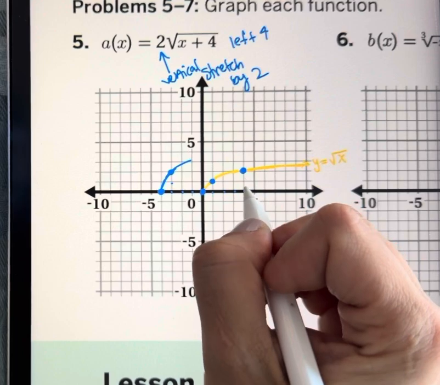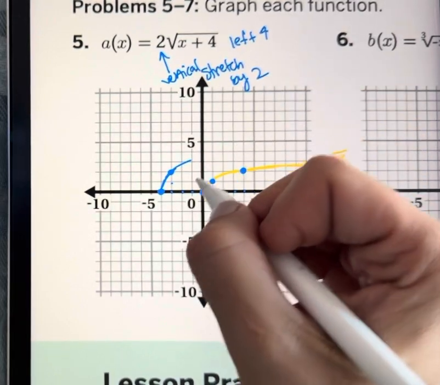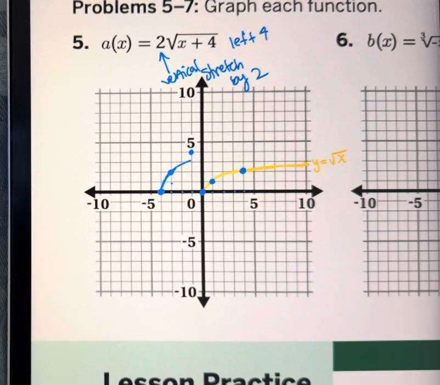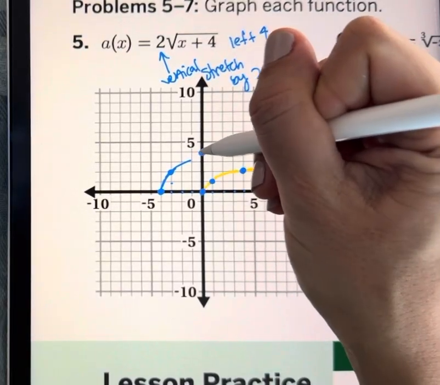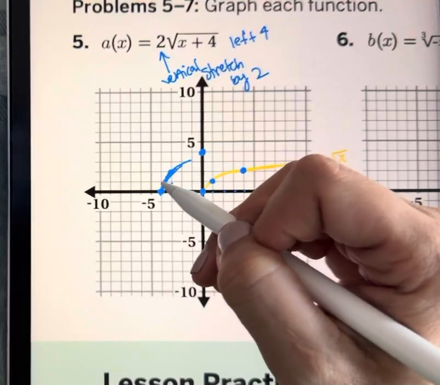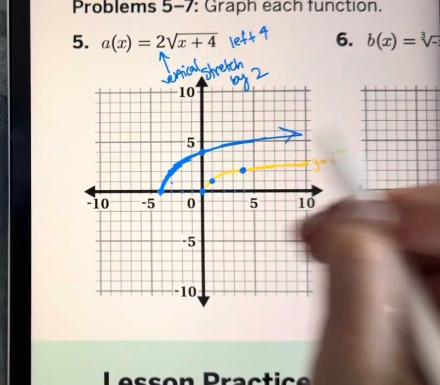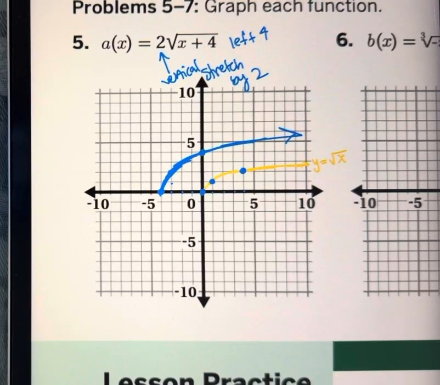It goes up 2, but stretched by 2 means it's going to go up double that. It's going to go up 4. Oh, no, just kidding. Hold on. From here, it's going to go up 4. Like that. That's what we have. That function.